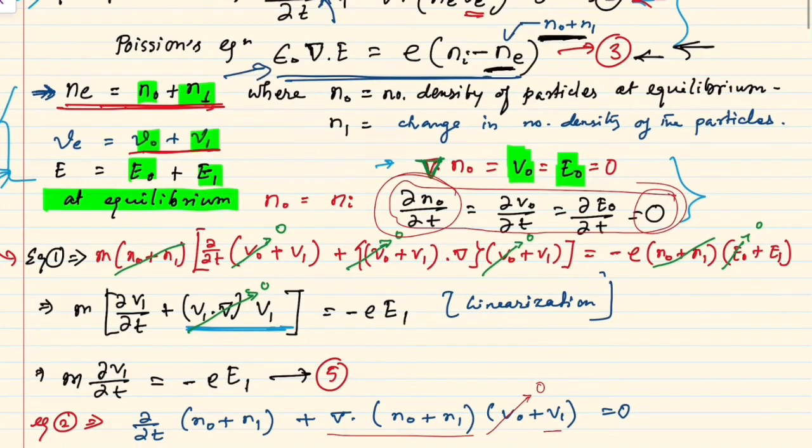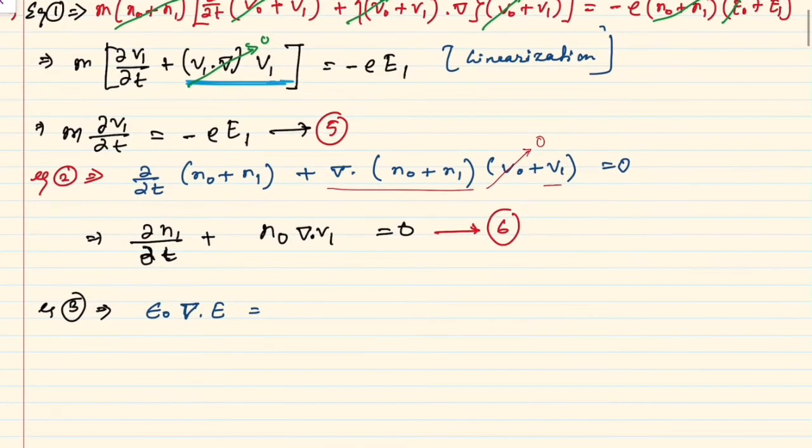Okay, from here we will get e times Ni minus n naught minus n1, not only 1, n1, that's going to be n1.